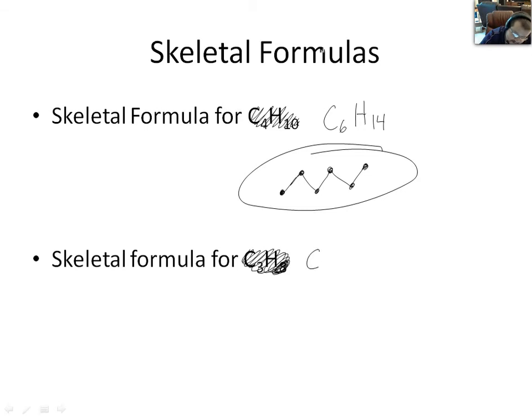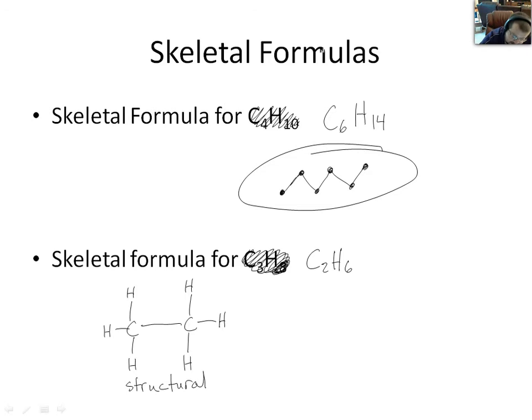Let's do one for C2H6, and let's break this one down a bit. If we started out writing the structural formula for C2H6, we would have carbon attached to carbon, all of our H's to make each carbon up to 4 bonds. There's our structural formula.